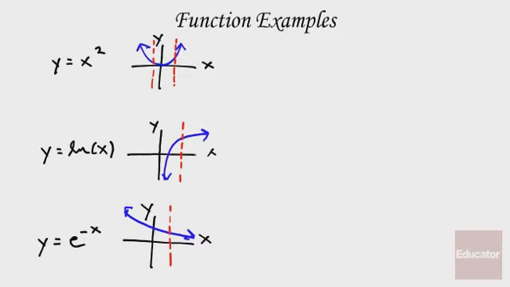And then just to put up one more example of something that's not describing y as a function of x, if I looked at the equation x squared plus y squared equals 1, this is another familiar graph. It's a circle with radius 1 centered at the origin.